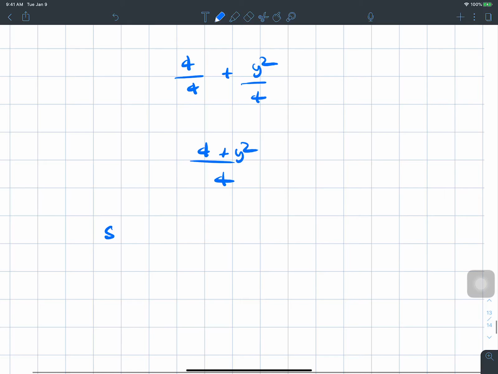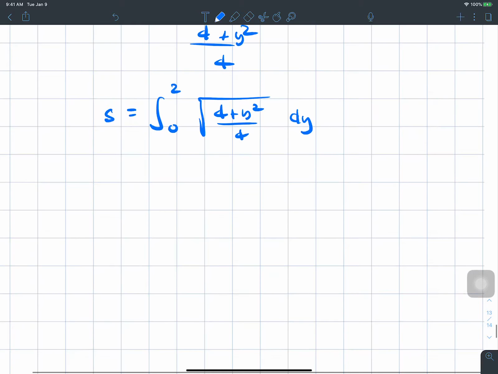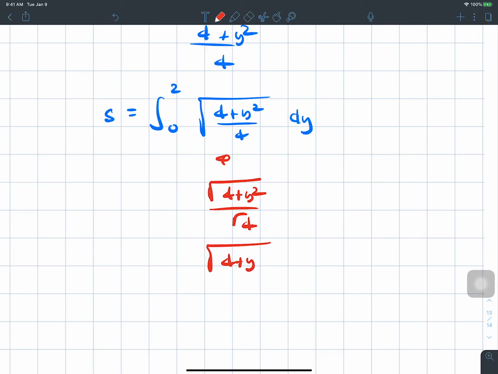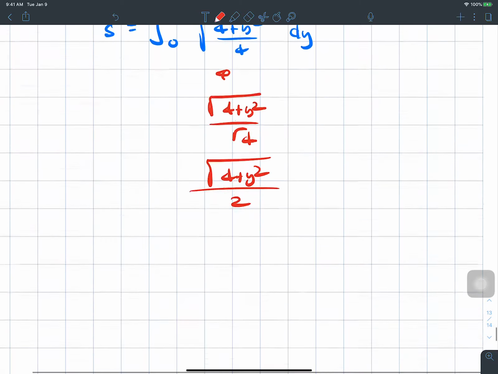So the arc length, let's just write it all out. And you guys know what happens up here, right? Square root 4 plus y squared over the square root of 4, which is 2. So square root 4 plus y squared, everything over 2.